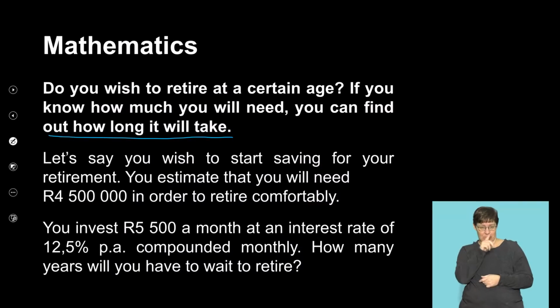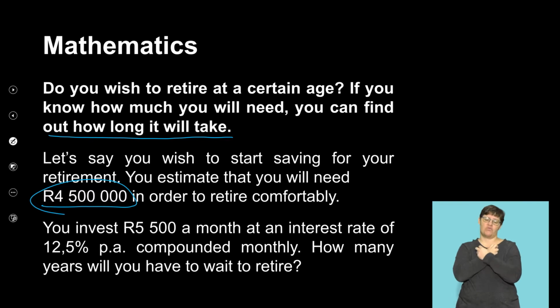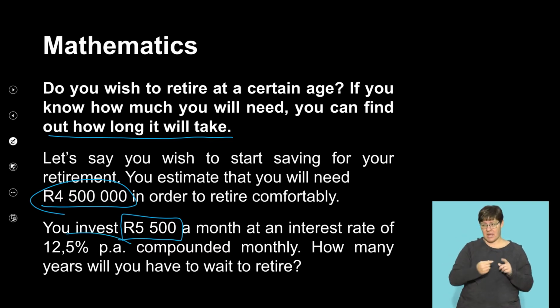Now, with this one, it says, let's say you wish to start saving for your retirement. You estimate that you will need 4,500,000 in order to retire, right? So that you don't really stress yourself. You invest 5,500 a month at an interest rate of 12.5, still the same, still compounded monthly.